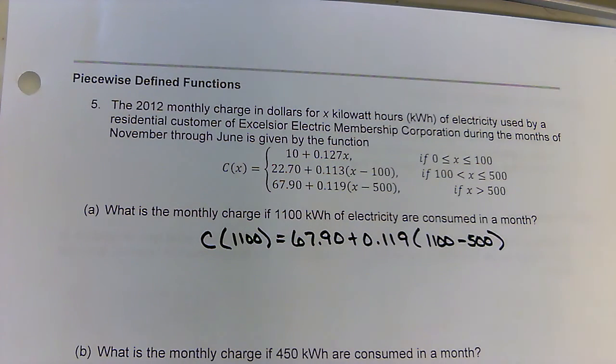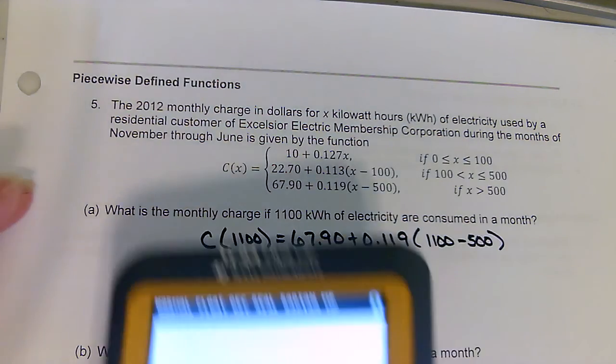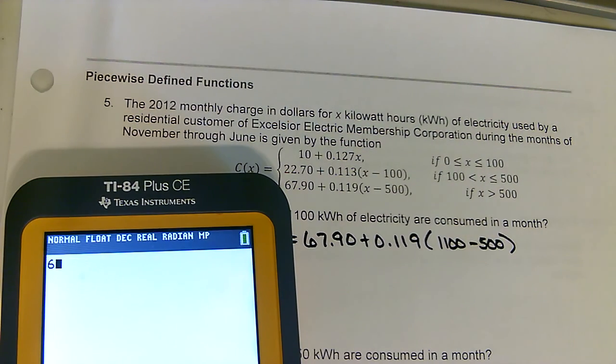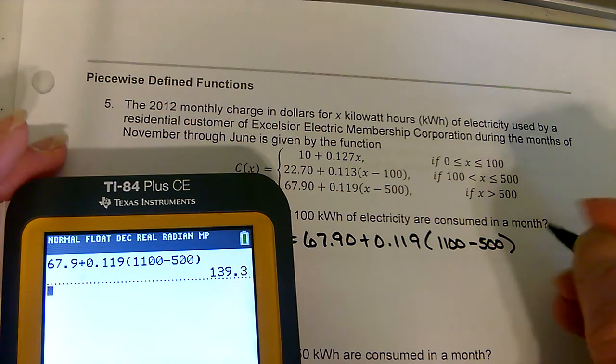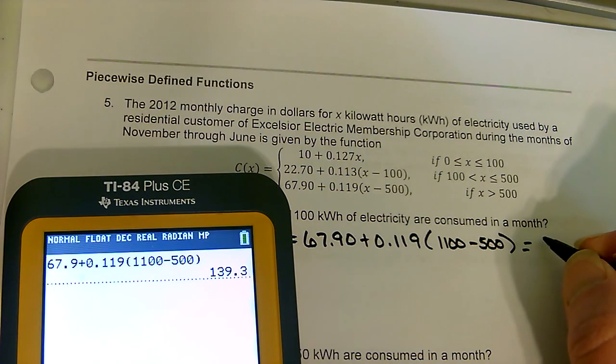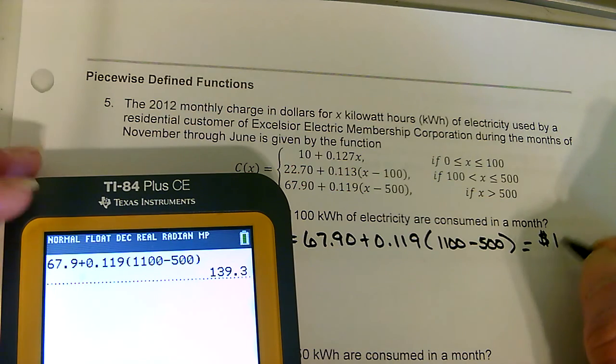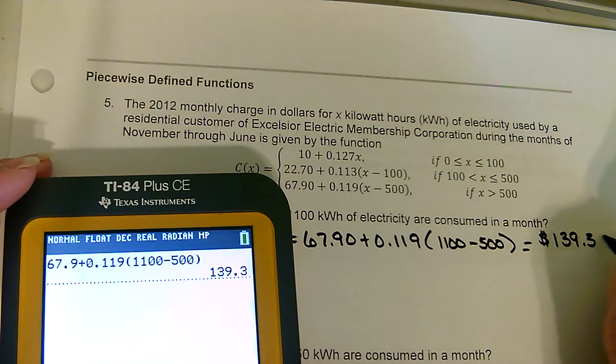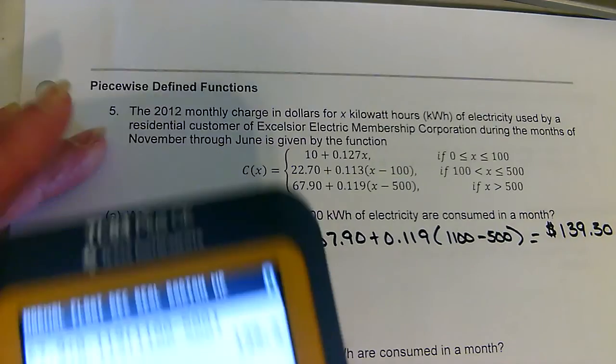So they're charging me a different amount because I'm using more electricity. So 67.9 plus 0.119 parentheses 1,100 minus 500 gives me, and remember this is money, so this would be $139.30. When it's money, you always do 2 decimal places.